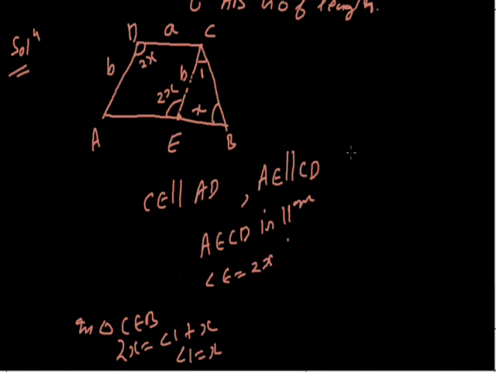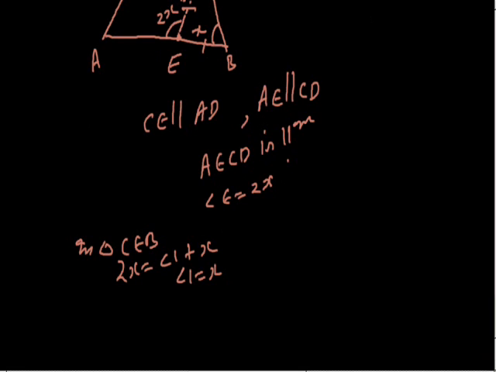As angle 1 is equal to x, these two angles are equal. So we can say that line EB is equal to CE. So EB is also equal to b.